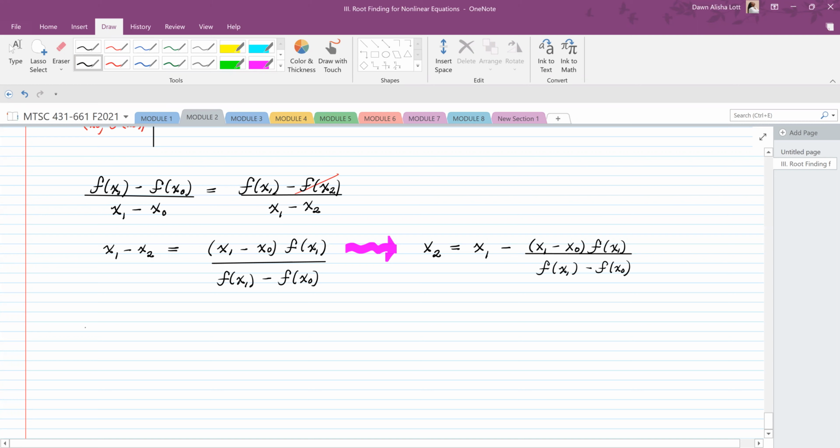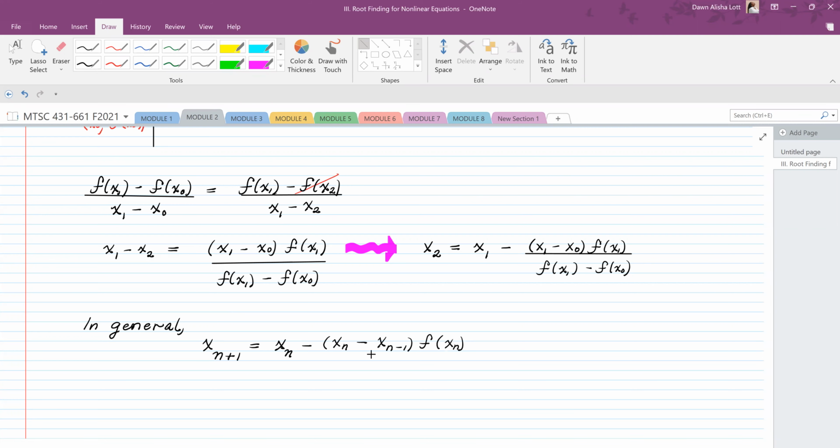And so in general, our next iterate x_{n+1} is going to be x_n minus x_n minus x_{n-1} times f at x_n, divided by f at x_n minus f at x_{n-1}.